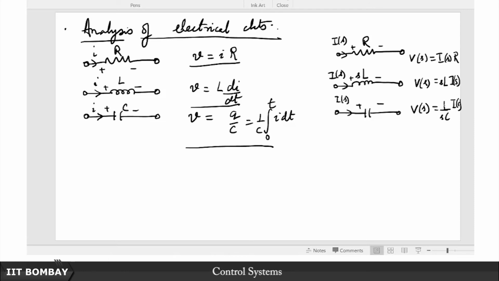So here essentially what you have is this term behaving like an impedance, just like we had this term behaving like an impedance and here this term behaving like an impedance. So what we then end up with is the equivalent representation is 1 over sC.